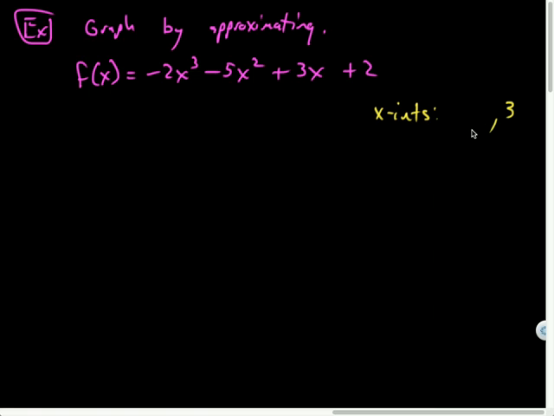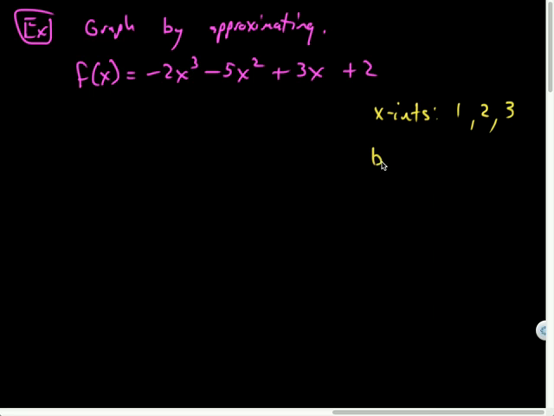It could have as many as 3. It could also have 2. It could also have 1. Could it have 0? Why? Because it's an odd degree, and I know that it's going to come in from one direction and go out another direction regarding its end behavior, so it has to cross the x-axis in between.